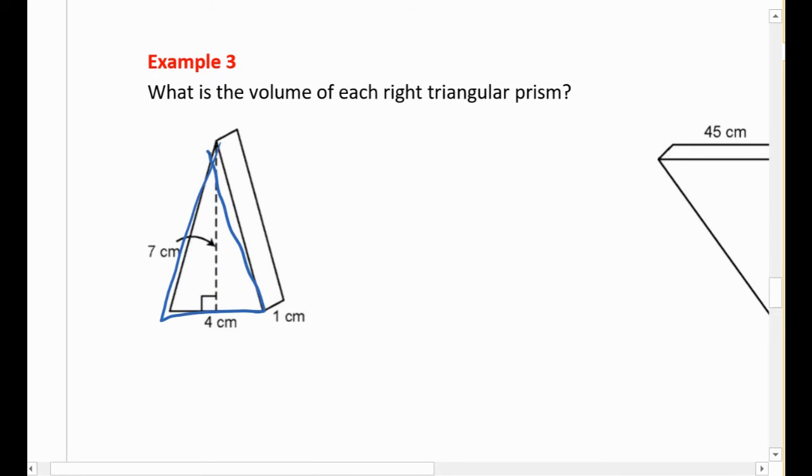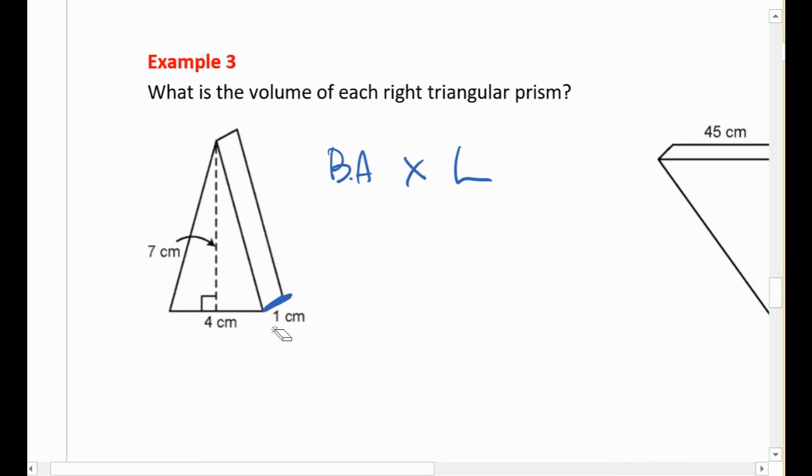How do you find the area of the triangle? So base length times the height divided by 2. So base area times the length. We're just going to call this length because we consider this as the height of the triangle. So base area times the length.